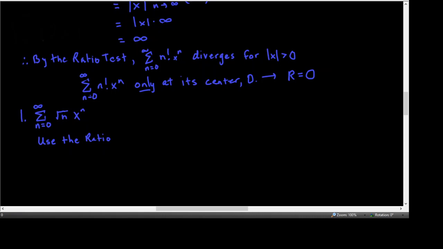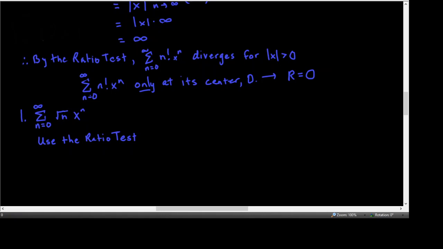If that limit comes out to be less than 1, we know it converges. If it's greater than 1 or infinity, it diverges, which is what we used in the last example. If it comes out to be equal to 1, that ratio test is inconclusive, and we'll have to find some other way to test it for convergence.